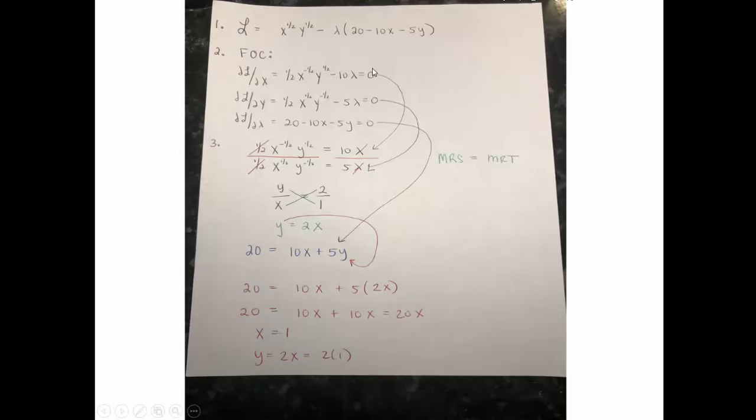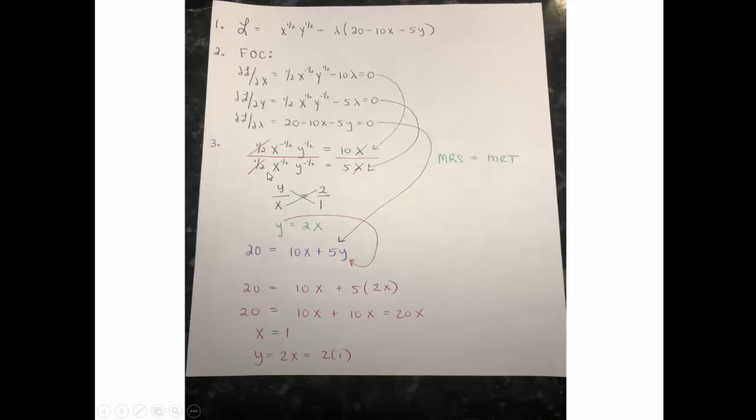Here what I'm going to do is take the first order condition, and I'm going to pull the minus 10 lambda over to the right hand side. So now I've got 1/2 x to the minus 1/2 y to the 1/2 equals 10 lambda. I'm going to take the second first order condition and pull the minus 5 lambda over to the right hand side.